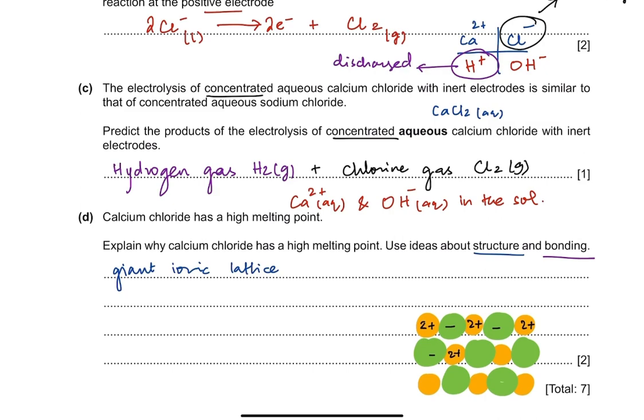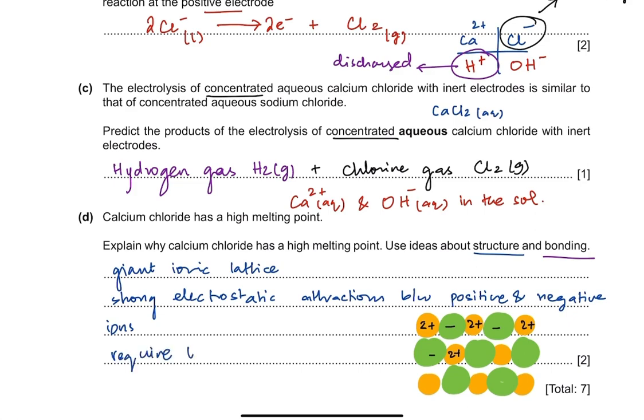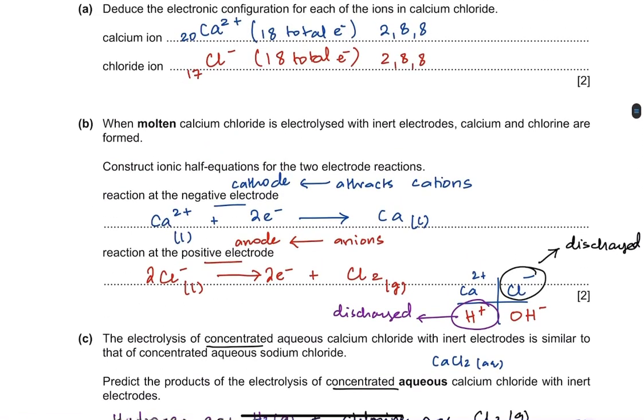So you will say strong electrostatic attractions between the positive and negative ions, which require high heat energy to be overcome. This is the basic idea behind calcium chloride.